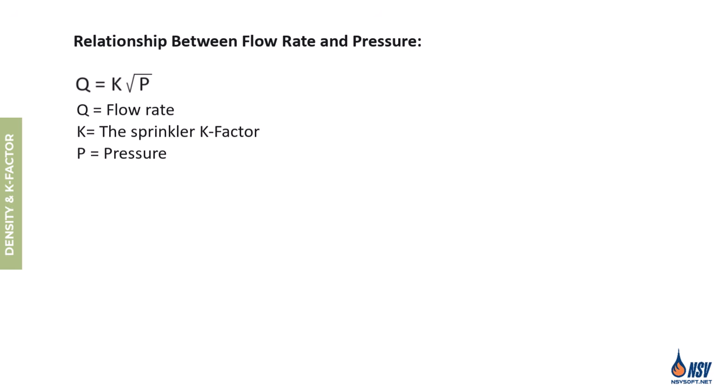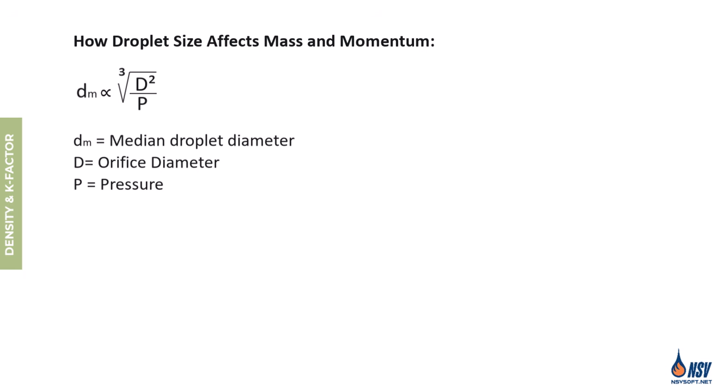Although the equation Q equals K times the square root of P shows that we can achieve higher flow rates by increasing the pressure, this approach has limitations, especially in high challenge storage fires. In these scenarios, it's not just the flow rate that matters, but also the size and momentum of the water droplets. As pressure increases, the droplet size decreases, which in turn reduces their momentum, calculated as mass times velocity.